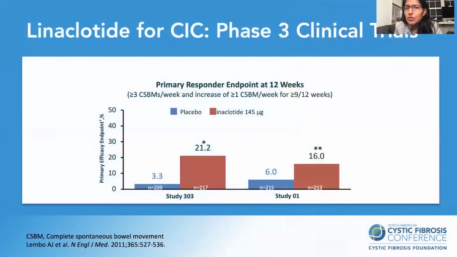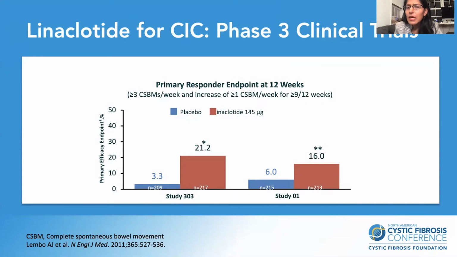And in 2 randomized controlled trials evaluating the use of linaclotide in patients with CIC, we actually know that linaclotide is pretty effective. If you look at the primary outcome in these studies, the outcome was called a primary responder endpoint at 12 weeks, and this is actually one of the most rigorous endpoints that's been used in many of the CIC trials.